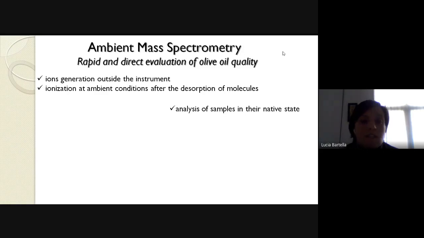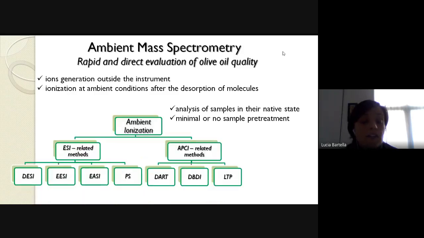And these techniques allow analysis of samples in their native state, so with minimal or no sample pretreatment. Among these ambient ionization methods, the most useful are DESI, PS, DART, or LTP MS.